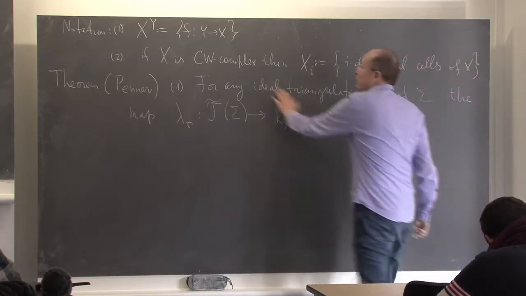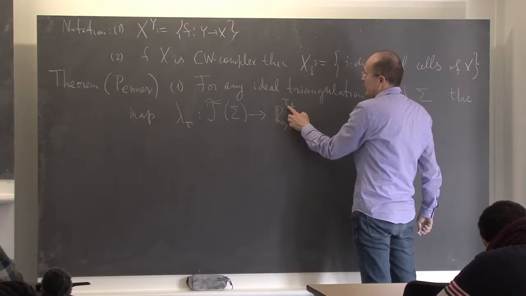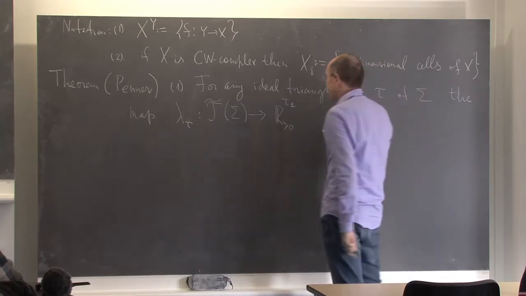Okay, now I'm heavily using all this notation. So this is a set of maps from the edges of the ideal triangulation to real numbers.